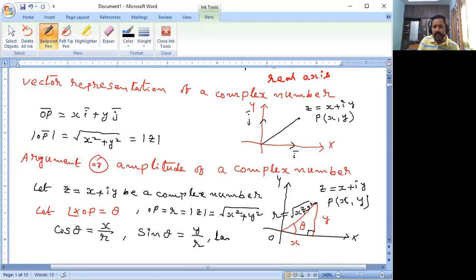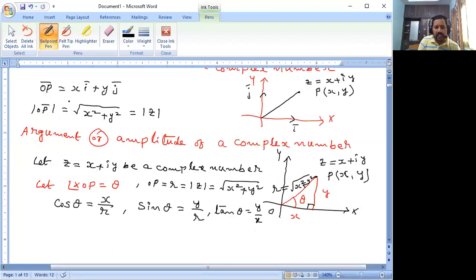So here we get tan theta is equal to y by x. Now tan theta is equal to y by x means theta is equal to tan inverse of y by x.